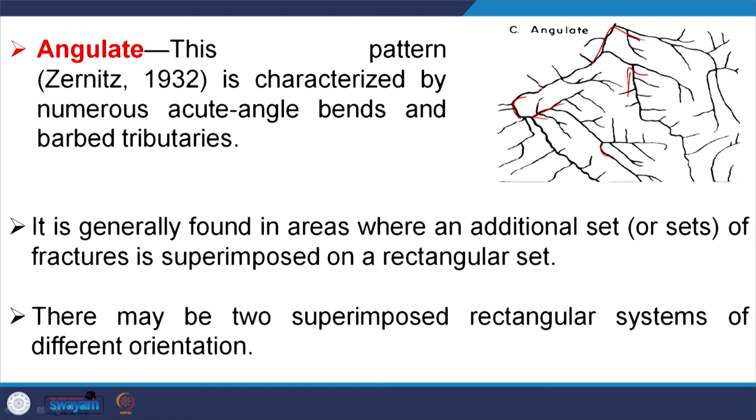This is generally found in areas where an additional set of fractures is superimposed on a rectangular set. So, we have a rectangular set, and on this rectangular set we are superimposing another set of joints at an angle to that. So, there may be two superimposed rectangular systems in different orientations.